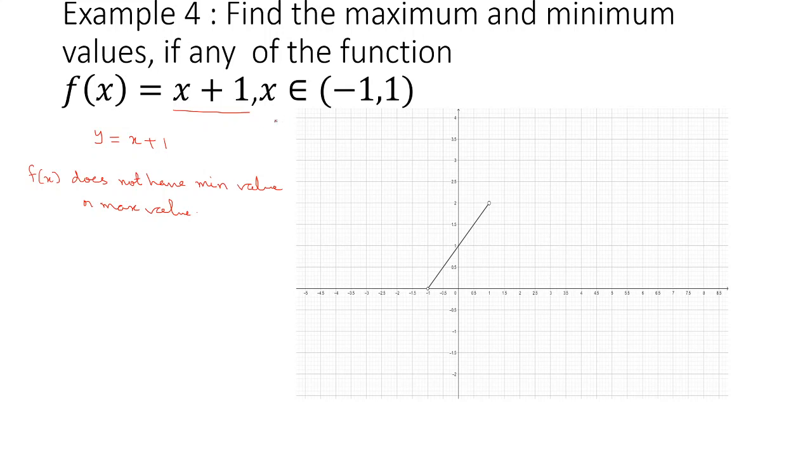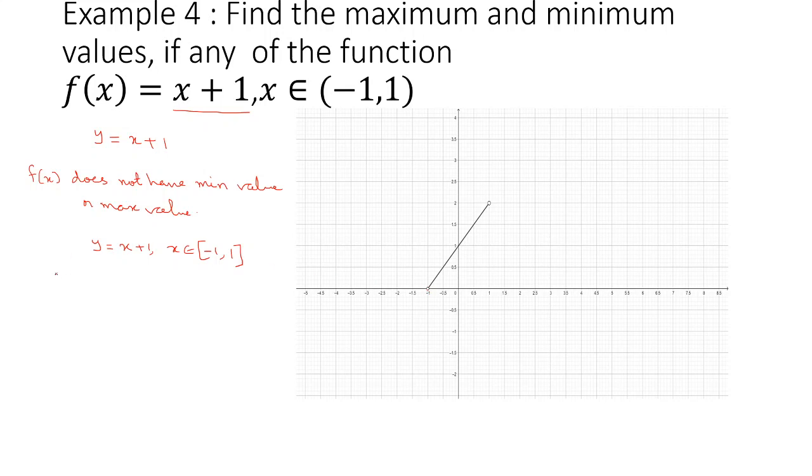Now suppose we change the interval: y equals x plus 1, x belongs to the closed interval minus 1 to 1. If we include the endpoints, then it will have both maximum as well as minimum, because in that case the endpoints are included.